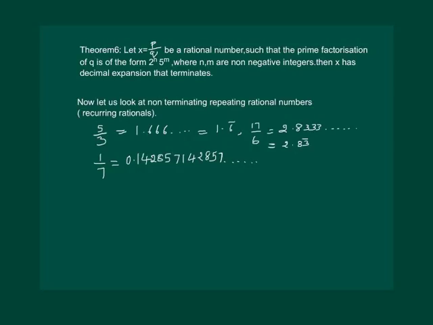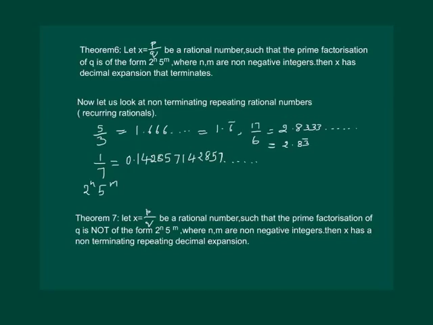Here also the denominator, that is 7, is not of the form 2 power n 5 power m. Therefore, by the previous two theorems, that is theorem number 5 and theorem number 6, 1 by 7 is not going to have a terminating decimal expansion.